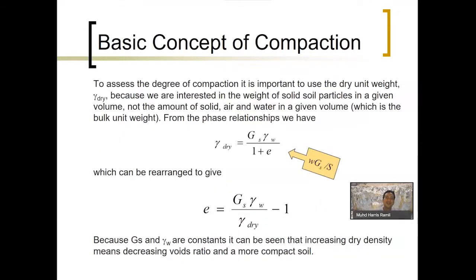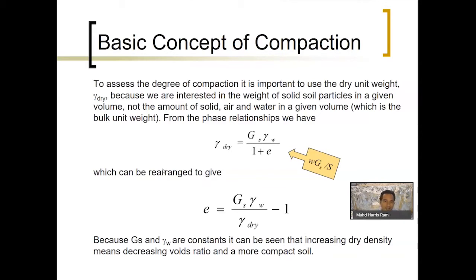Coming to the basic concept of compaction, to assess the degree of compaction it is important to use dry unit weight, because we are interested in the weight of solid soil particles in a given volume, not the amount of solids, air and water in a given volume, which is the unit weight. From the phase relationships, dry unit weight involves the specific gravity, the unit weight of water, and 1 plus the void ratio.